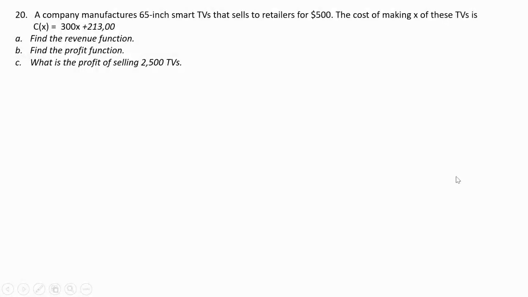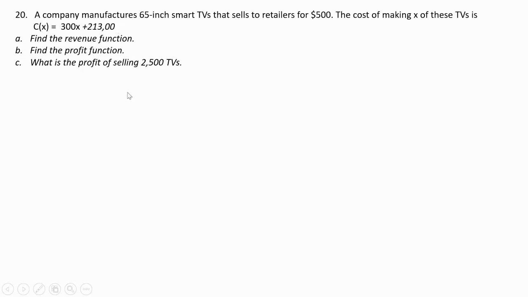Okay, now number 20. Number 20 is: a company manufactures 65-inch smart TVs that it sells to retailers for $500. The cost of making x of these TVs is, the cost function is C of x equals 300x plus 213,000. I forgot another zero here, guys.